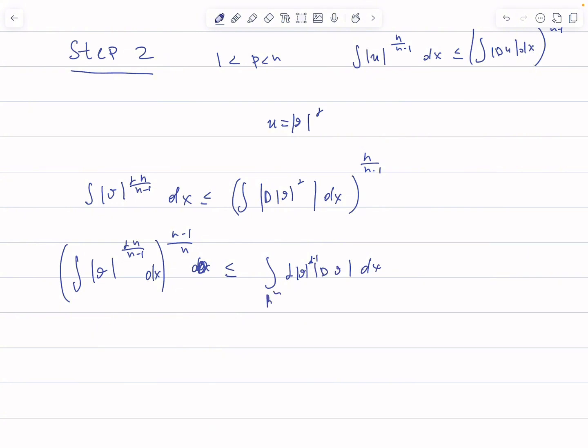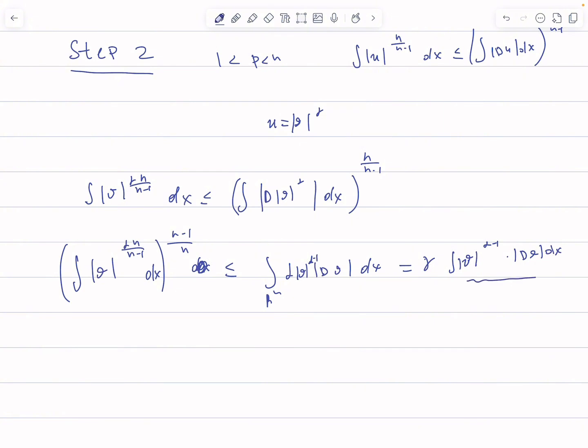So this is equal to lambda times the integral of |v| to the power lambda minus 1 times dv dx.